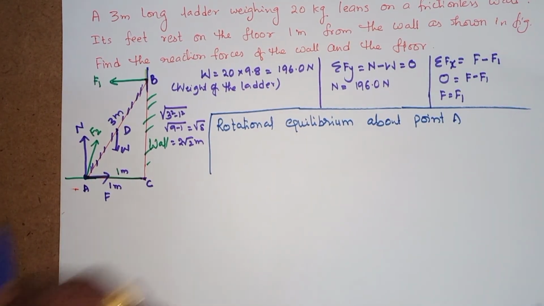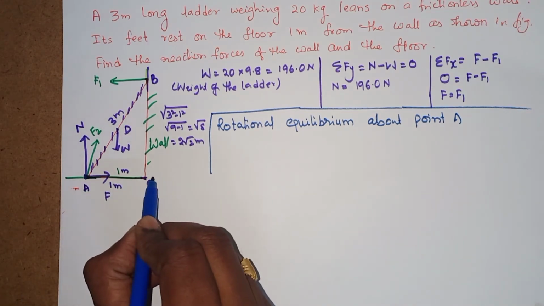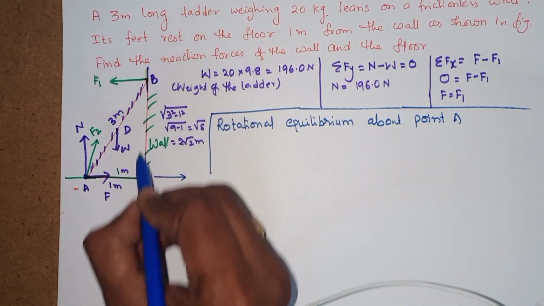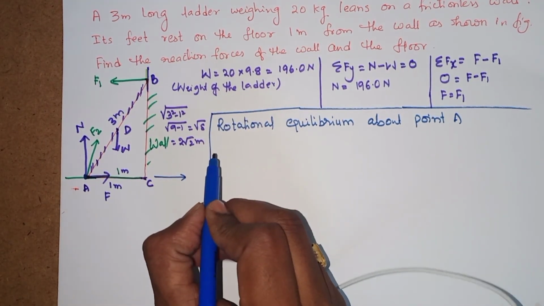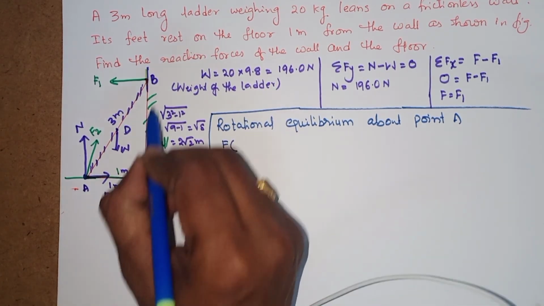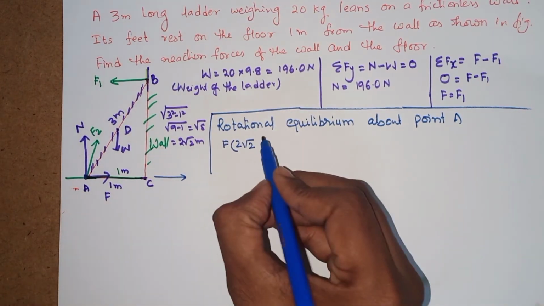This is point A. Now at point A, what are the forces and perpendicular distances that can be calculated? The first one, force into perpendicular distance. This force is F1, sorry, F. The perpendicular distance is the wall length, 2 root 2.